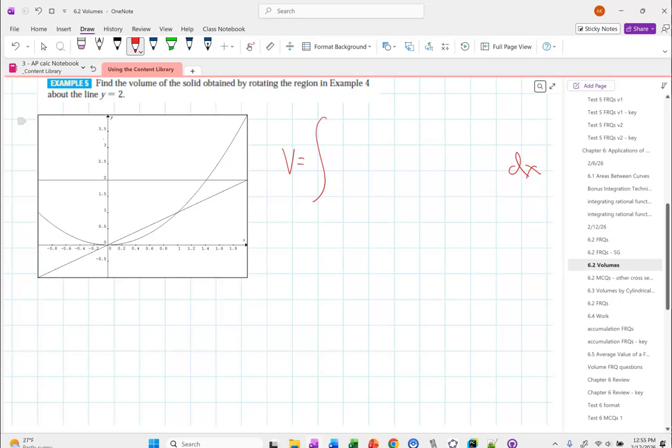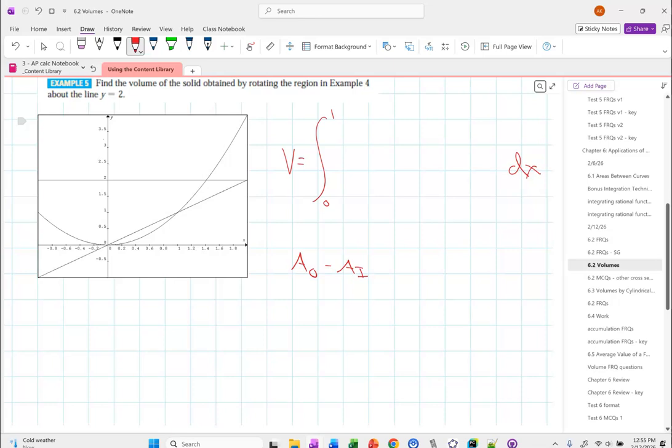We begin our integration at x equals 0 and end our integration at the other intersection, which is x equals 1. And now I need to calculate an A outer and an A inner because this is going to clearly be a hollow figure because there's going to be a hole through the middle.